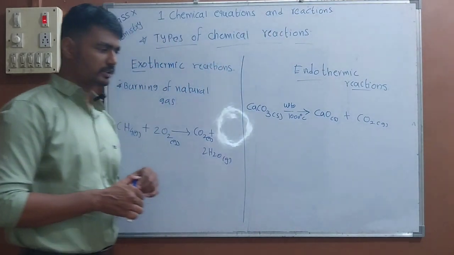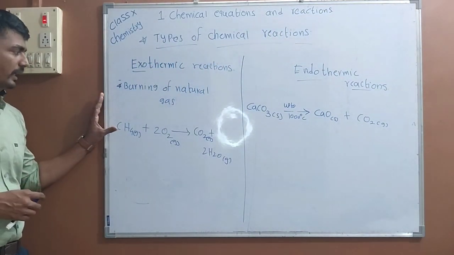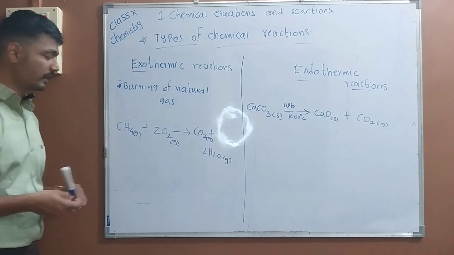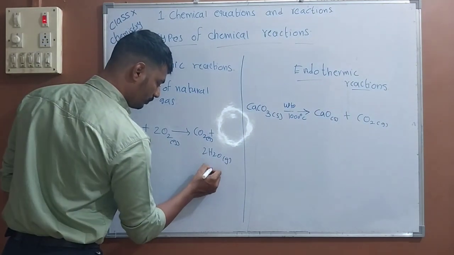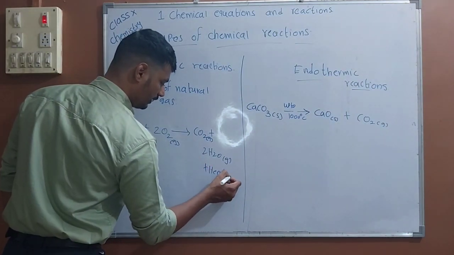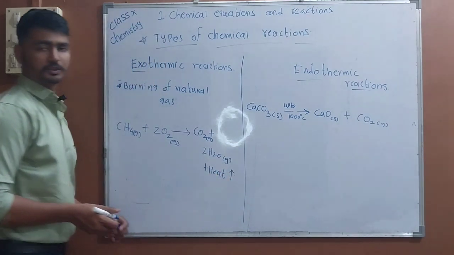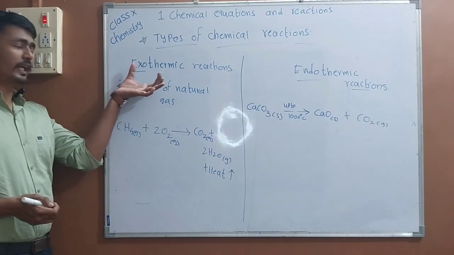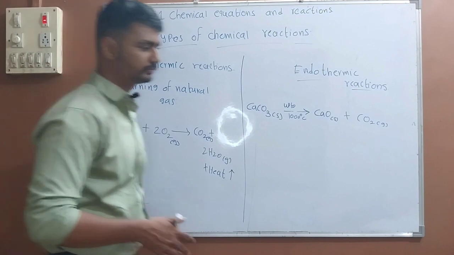Now the burning of natural gas is a reaction where heat is being released. So here one more thing is written, heat is released. So this is the type of exothermic reaction.